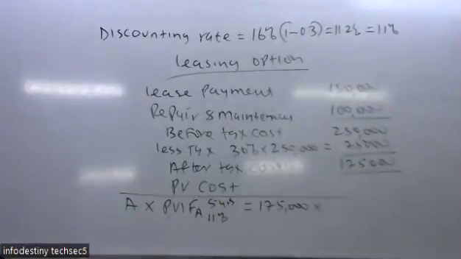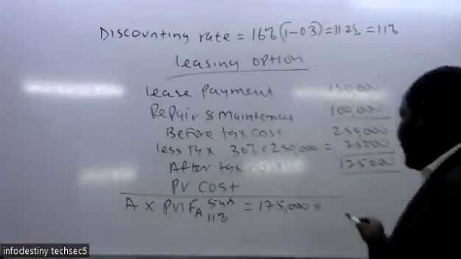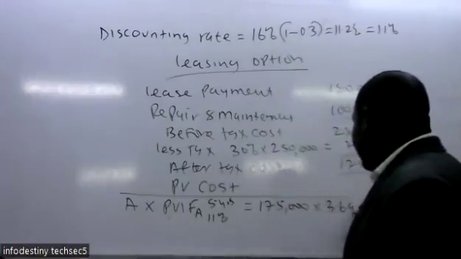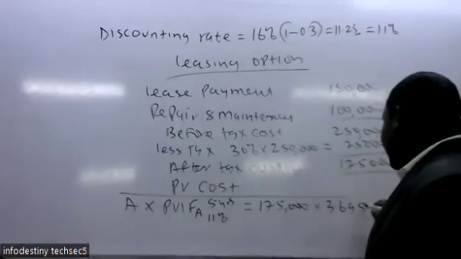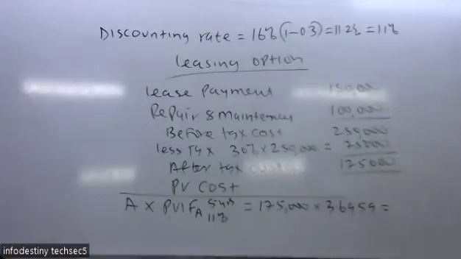When you check in the table, 11% for 5 years, in the second table, it is 3.695. We are using the second table, and so that is the correct one.